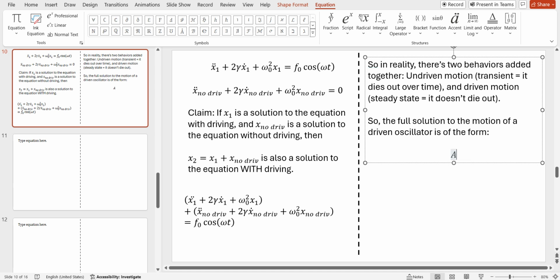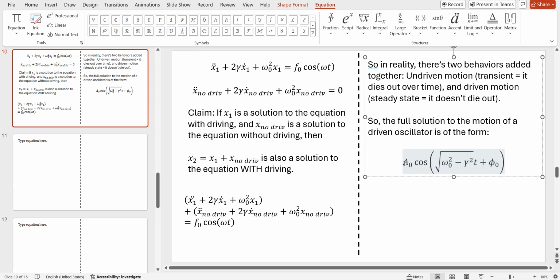So we're going to have A, should I not call this A? I'm going to call it A naught cosine of, and the frequency here was the square root of omega naught squared minus gamma squared, times t, plus phi, yes, plus phi naught.